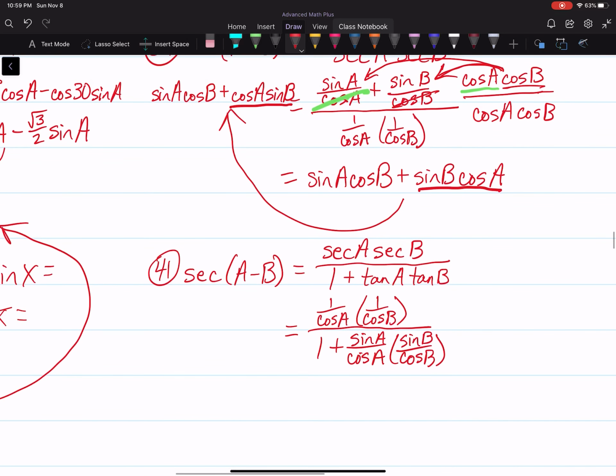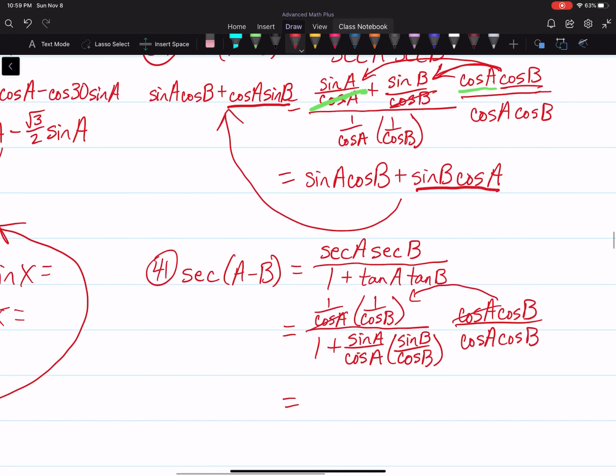And we are going to work it very similar to before. We're going to multiply by the common denominator again on top and on the bottom. Again, that way we're just basically multiplying it by 1. And so on the top, when I multiply it on the top, both the cosine A cancels and the cosine B cancels, and you're just left with 1 on top.